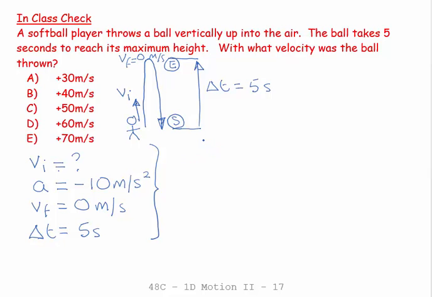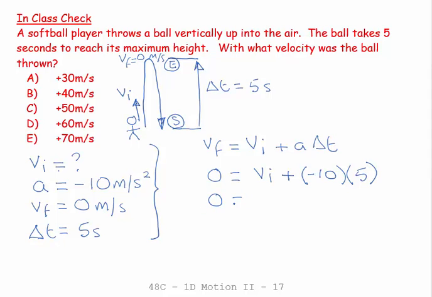And the obvious one that comes to mind is VF is equal to VI plus A delta T. And I know that VF is 0. And VI, of course, is what I want to find. Plus A, we said A was minus 10. And delta T, we said that the time interval was 5 seconds.